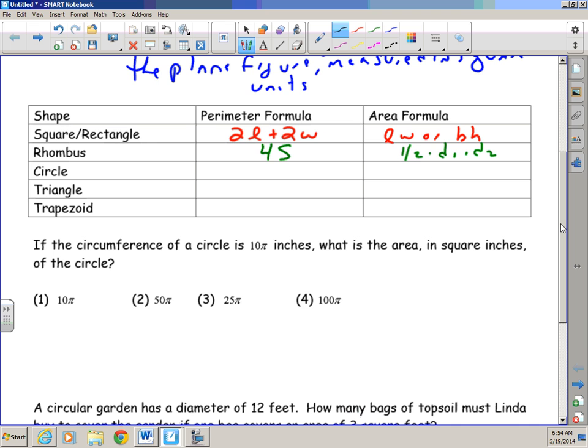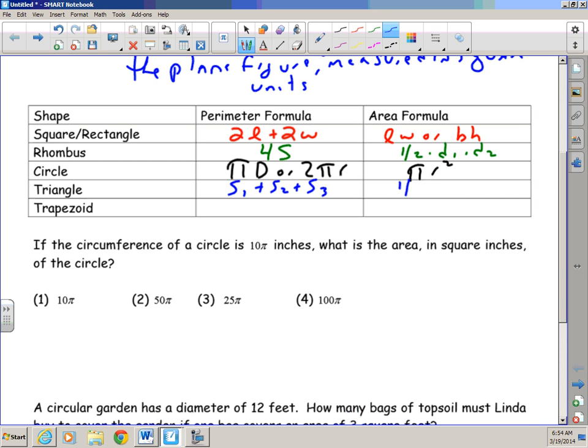A circle, perimeter, it's not really perimeter, but its circumference is pi d, or 2 pi r, and area, pi r squared, r standing for the radius. A triangle, you just add up the sides, side 1, side 2, side 3.